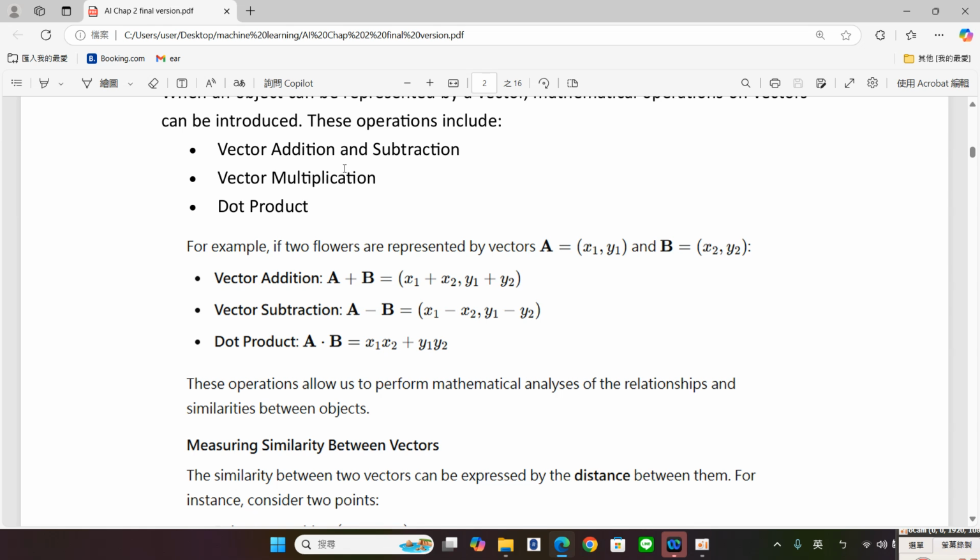The vector subtraction A minus B is (x1 minus x2, y1 minus y2). The dot product A dot B is x1 x2 plus y1 y2. These operations allow us to perform mathematical analysis of relationships and similarities between objects.